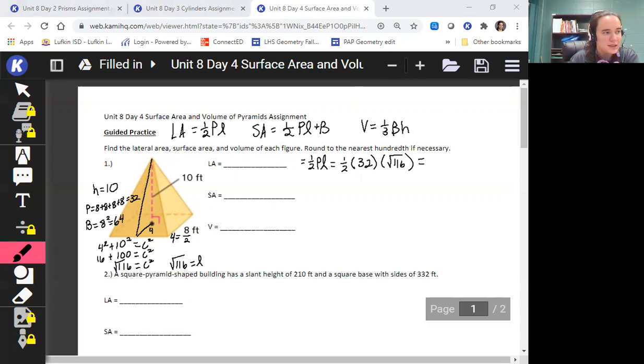So when you type it into an Inspire or a graphing calculator, it should look something like that. And you get 172.325. And we're rounding to the nearest hundredth. So it's 172.33 feet squared.